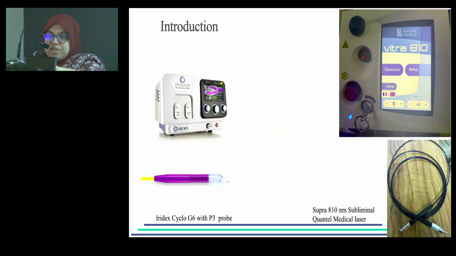There are two machines available in the market: the Iridex Cyclo G6 with the G probe, and also the Supra 810 nanometer subliminal quantal laser. In the Iridex machine, you have to pool patients for the usage of the probe, whereas the other probe is a reusable probe.